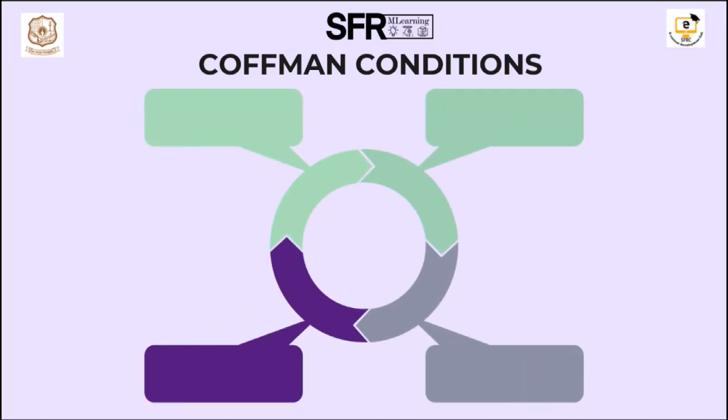Next, the Coffman conditions for deadlock. Deadlock has four necessary conditions, and they are called Coffman conditions. These conditions form the basis of the explanation of deadlocks in DBMS. The first condition is mutual exclusion.